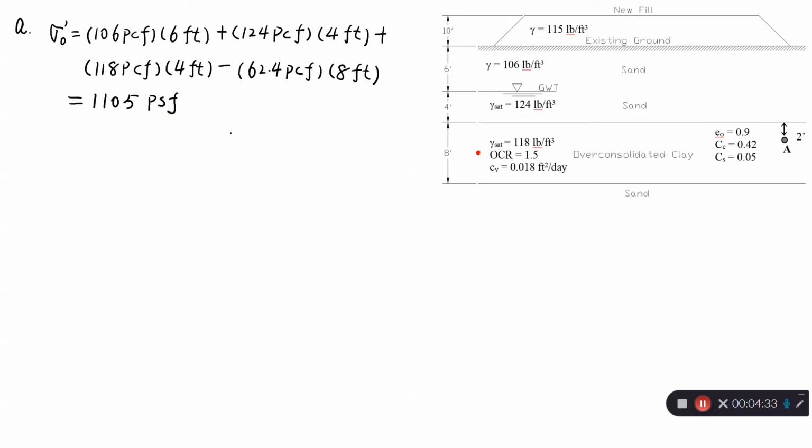Right, and then the stress increment at the point would be equal to the stress caused by the field. So delta sigma is equal to 115 times 10, equals 1150 psf.